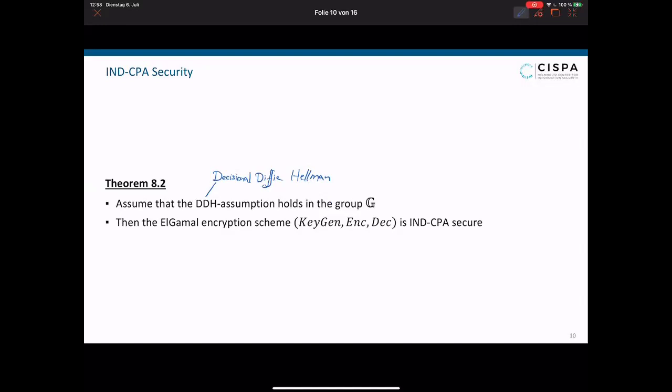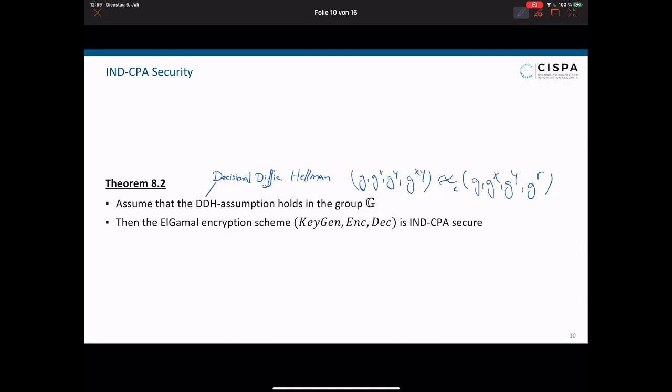For us, in the last lecture, we simplified this to saying that G to the X, G to the Y, G to the XY is computationally indistinguishable from G to the X, G to the Y, but here now G to the R for a uniformly random R. This theorem says that if the DDH assumption holds, then the ElGamal encryption scheme is CPA secure.